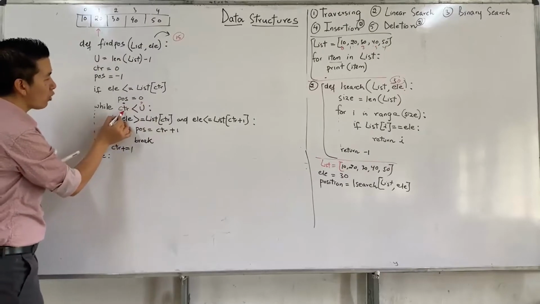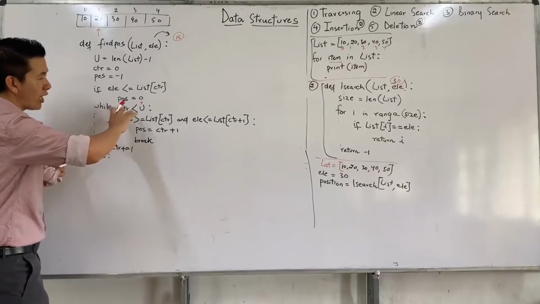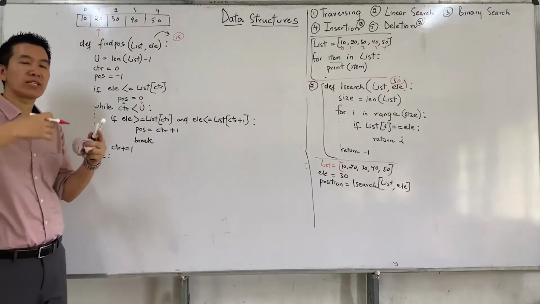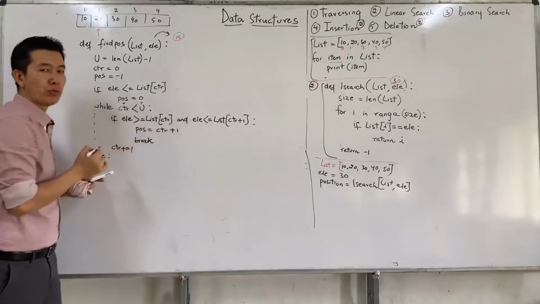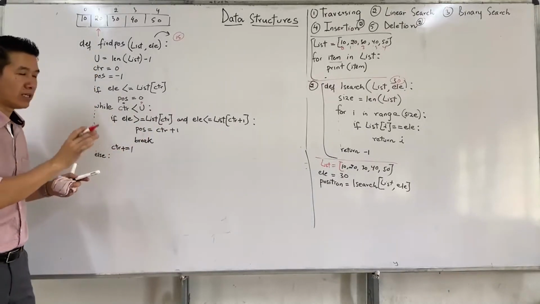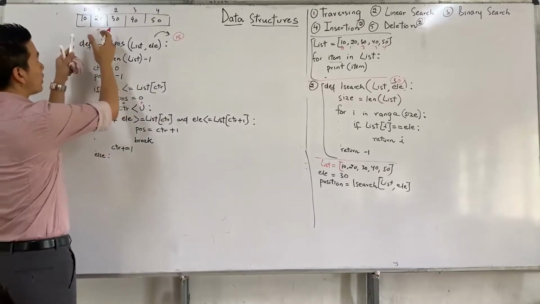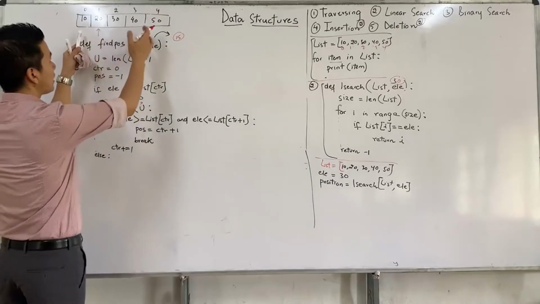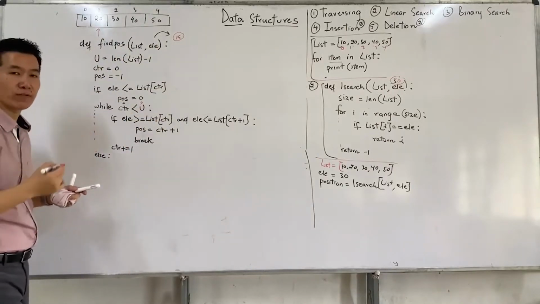So when the value of CTR becomes 4, the condition becomes false, which means the while loop has completed all the cycles. The while loop completes all the cycles if this condition has never been true. If the conditions have never been true, I can safely say that the element to be inserted is not within the list. It will be at the end of the list.